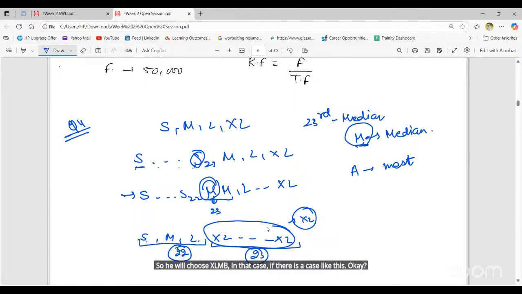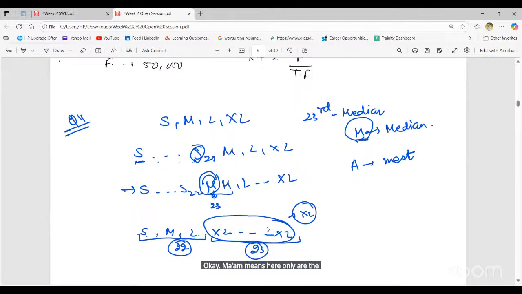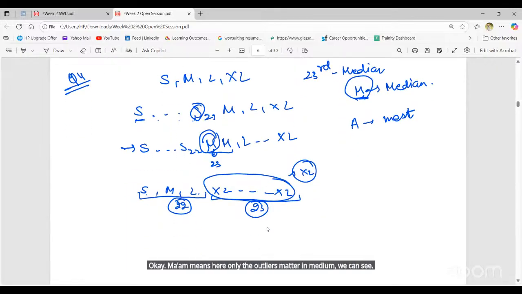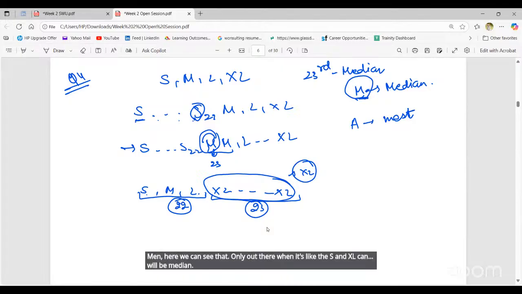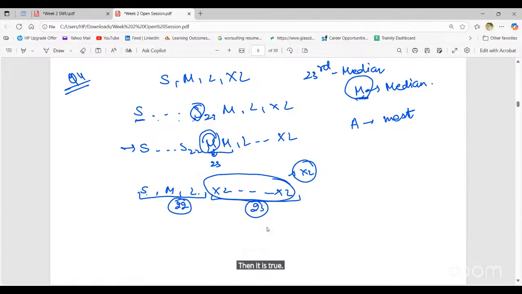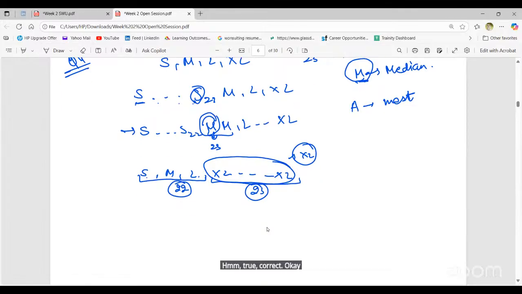Ma'am, here only the outlier values like S and XL matter as the median. Then it is true. True. Correct. Okay, thank you, ma'am.